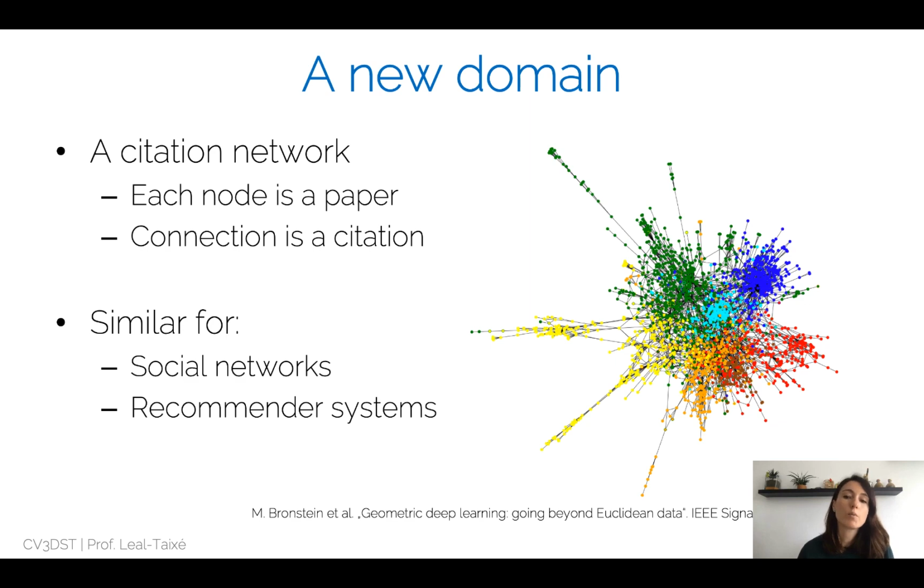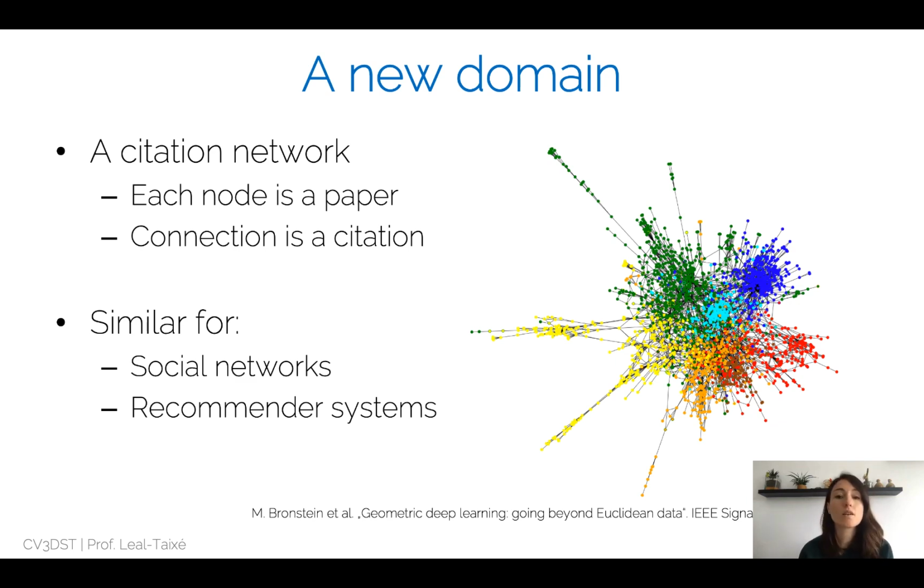So we can represent lots and lots of concepts with these graphs, where the nodes represent one concept, for example, a friend in your social network or a paper that you're citing, and the edges represent connections between these concepts. And actually, recommender systems and social networks all have a representation that is based on these graphs.